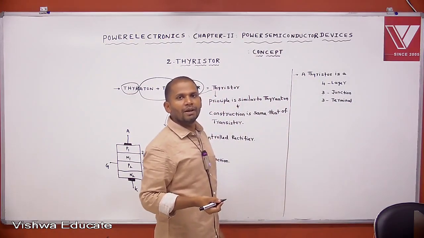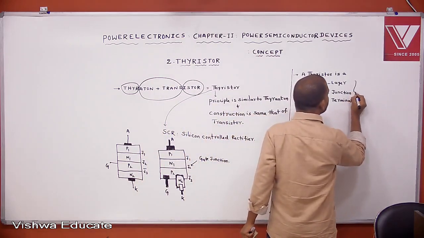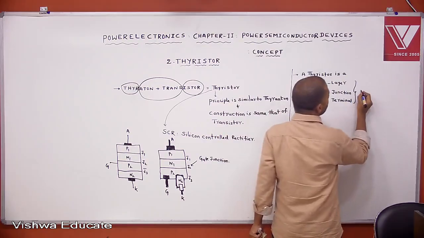That is, 3-terminal in the sense anode, cathode and gate. It is a 4-layer, 3-junction, 3-terminal, bistable device.